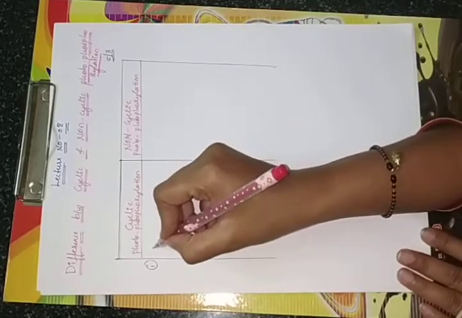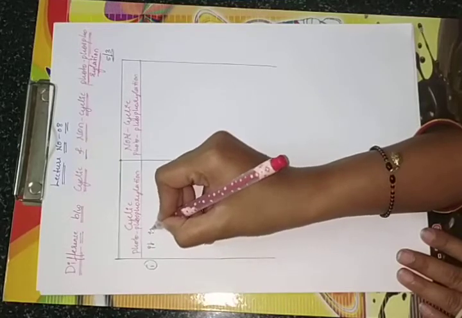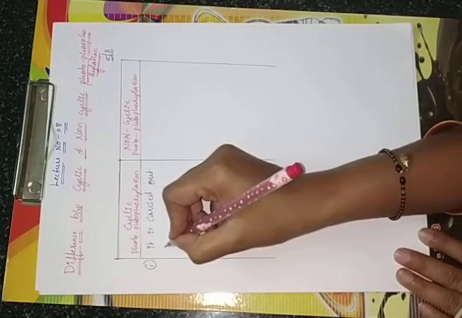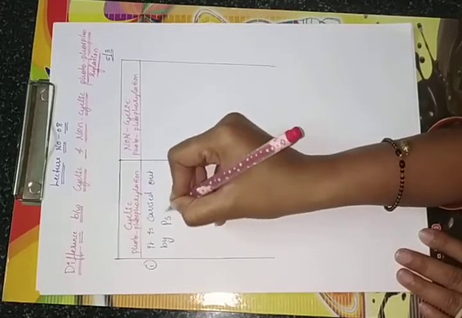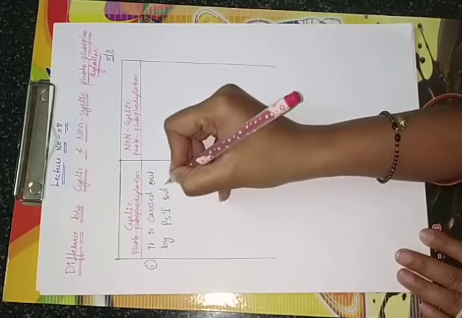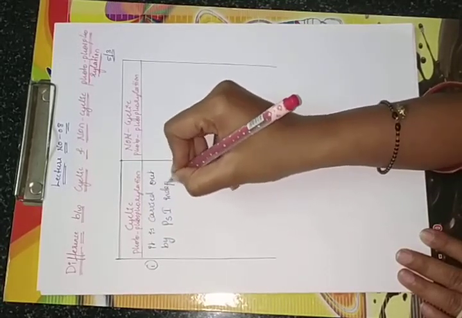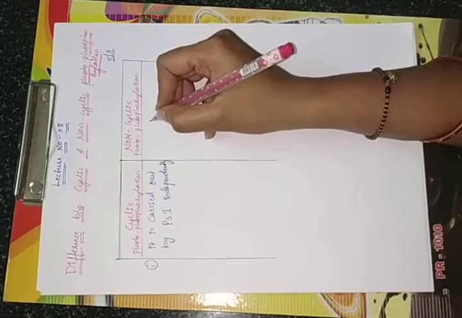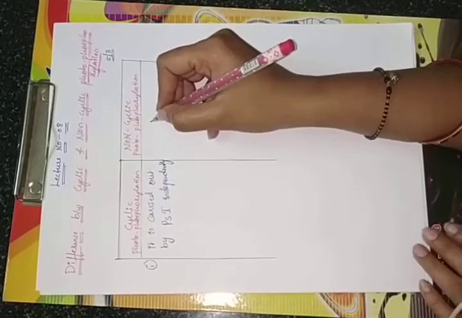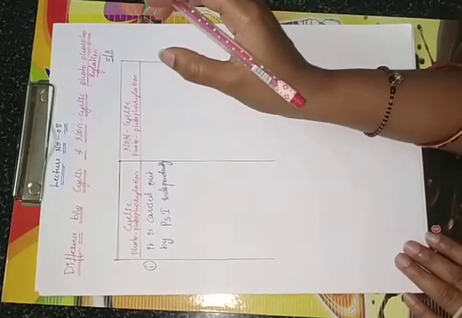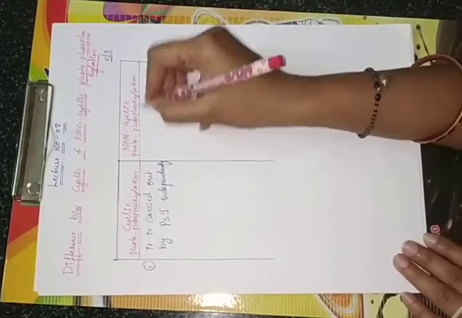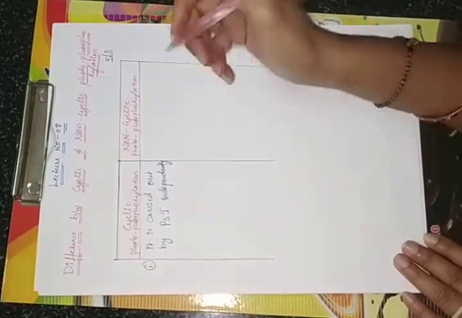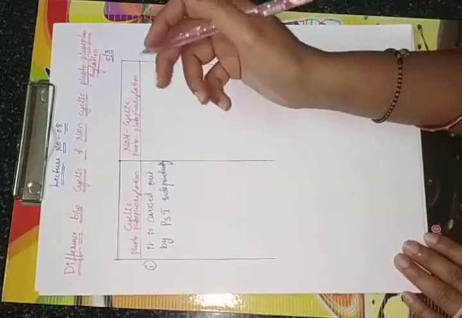Whereas here, non-cyclic is carried out by the cooperative activity of both PS1 and PS2. In non-cyclic there will be involvement of two systems, there will be cooperation, but in cyclic there won't be any dependence.